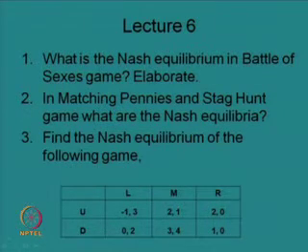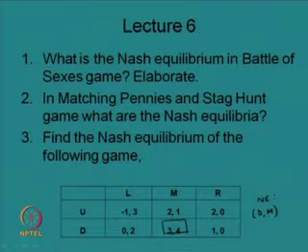Third question, find the Nash equilibrium of the following game. If we look at this game carefully, we shall find that there is a single Nash equilibrium, which is basically dm. Why?